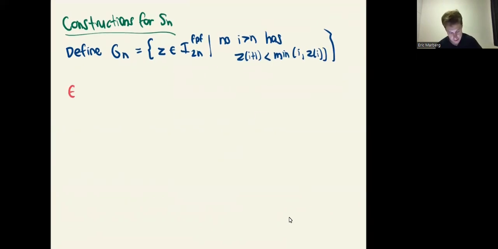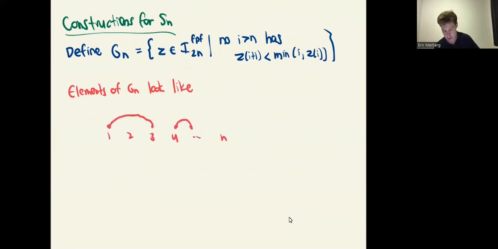So elements of Gn look like, well, first you have some permutation of n here. So you have a bunch of 2 cycles, just an ordinary involution like this.